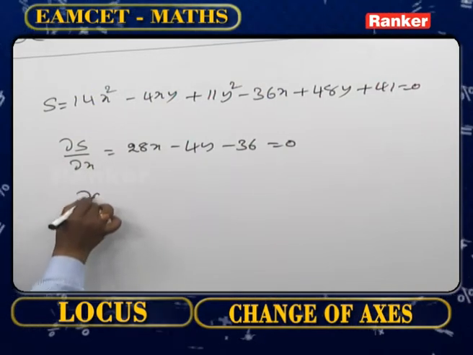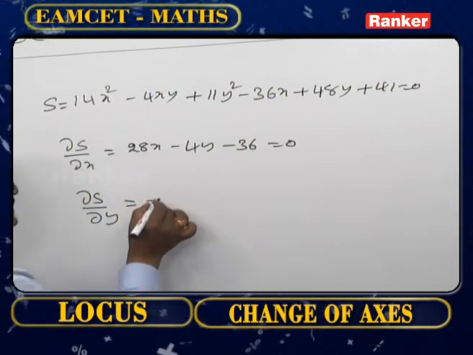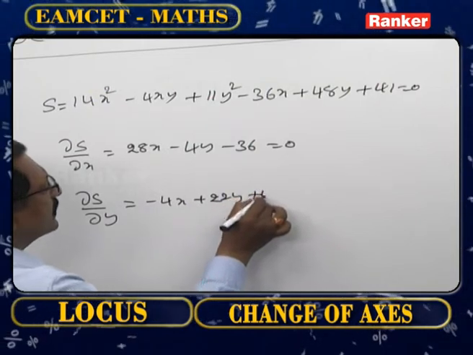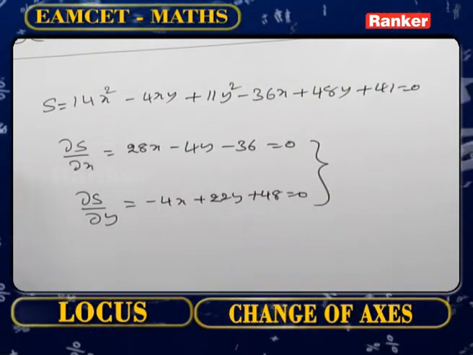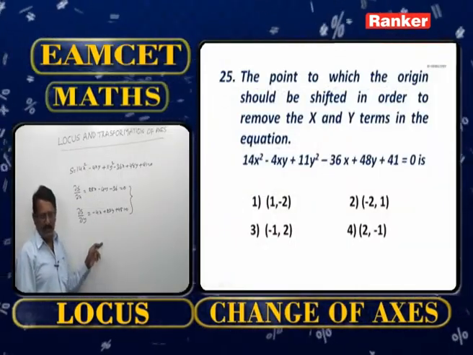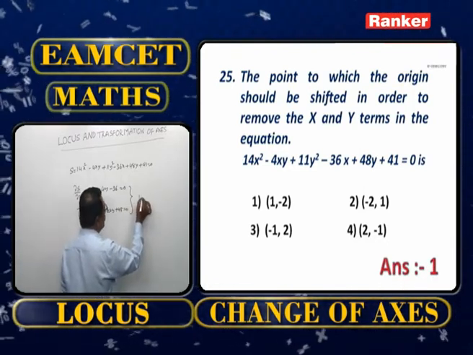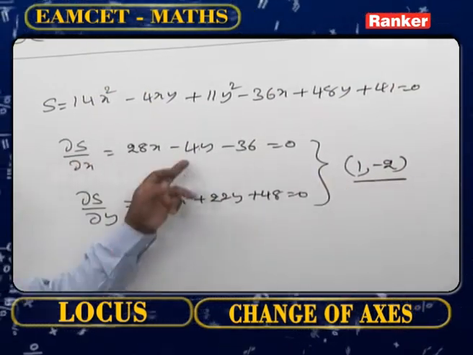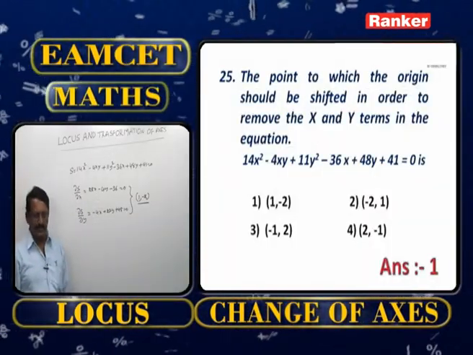Similarly with respect to y: ∂S/∂y = -4x + 22y + 48 = 0. Solving these two equations, the point is (1, -2). The first option.